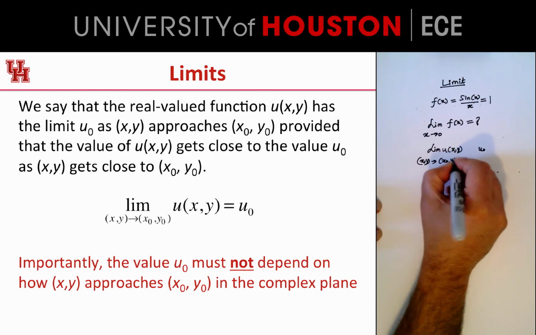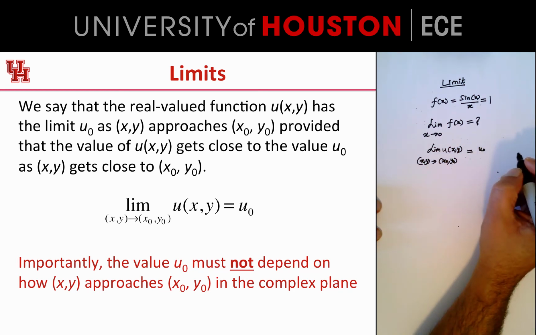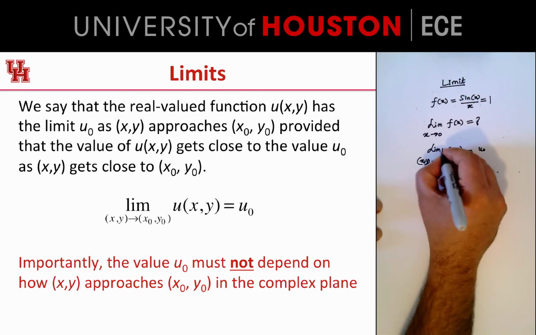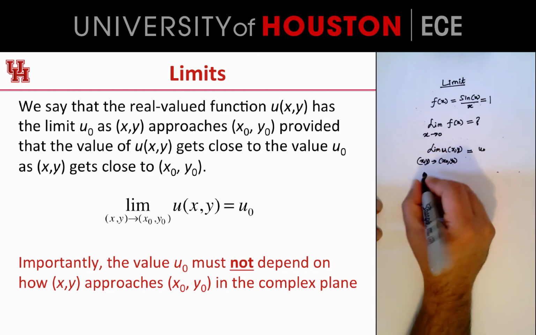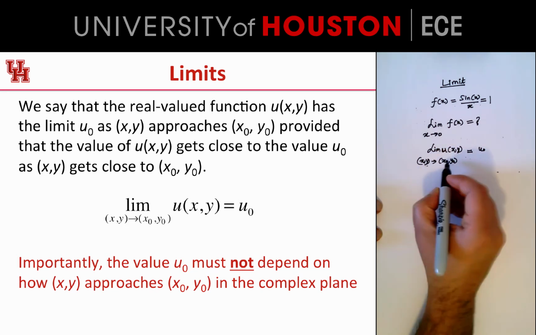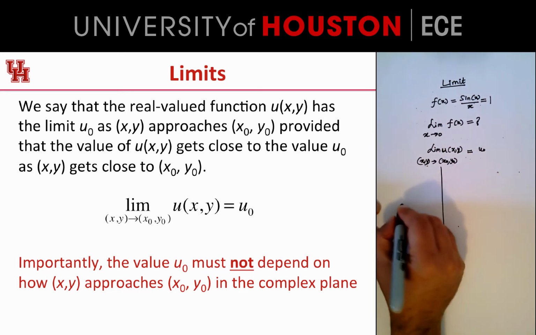If that happens to be u naught, provided that the value of u gets arbitrarily close to u naught as (x, y) gets arbitrarily close to (x naught, y naught). Let's see how that works.